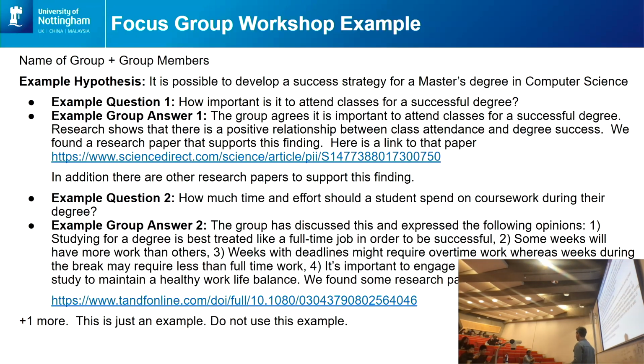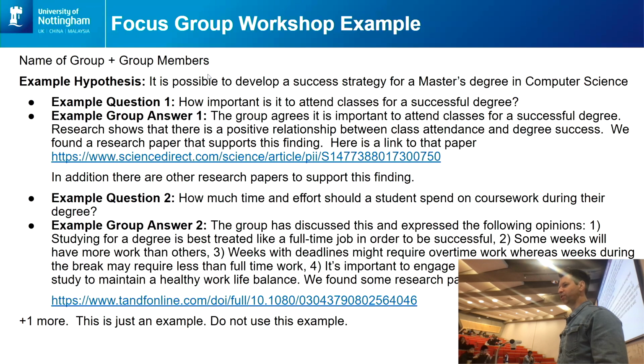The more you attend classes like today, the better your scores are, the better your degree is. There's no doubt about it. There's lots of research on this topic, and I've seen it firsthand. In addition, there are other research papers to support this finding.